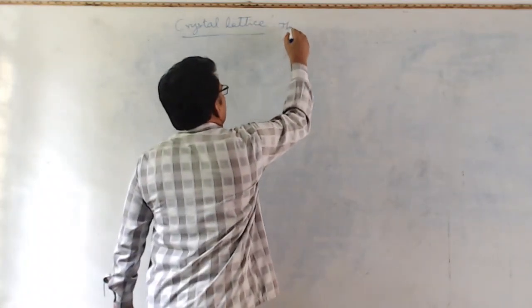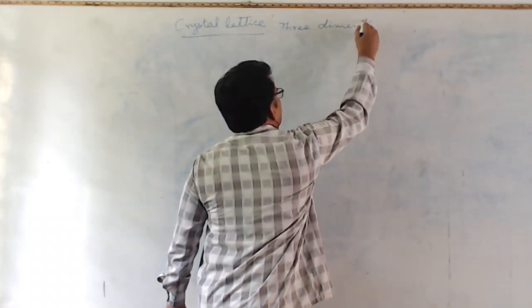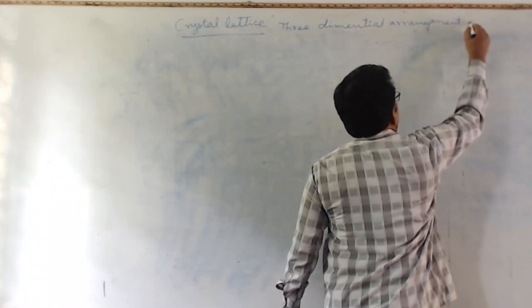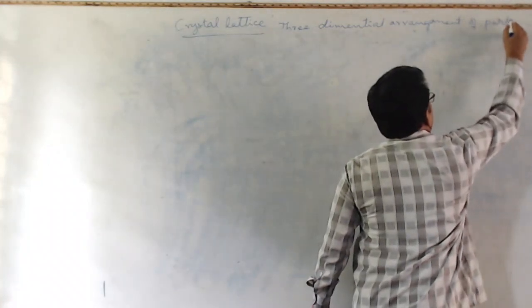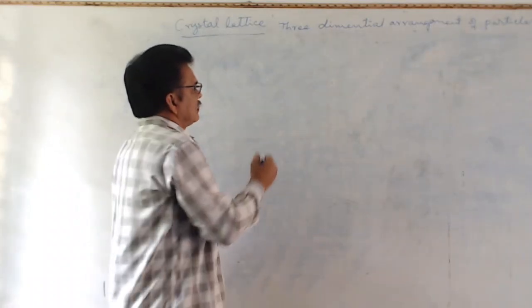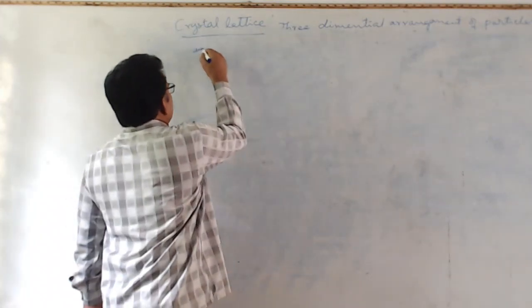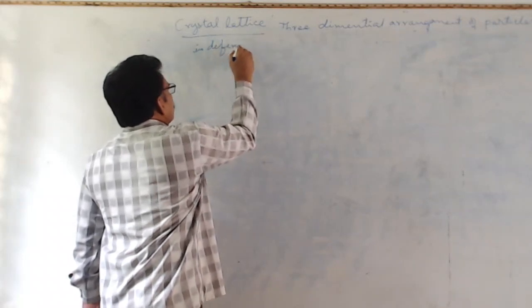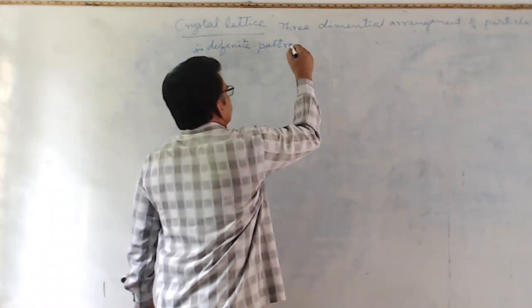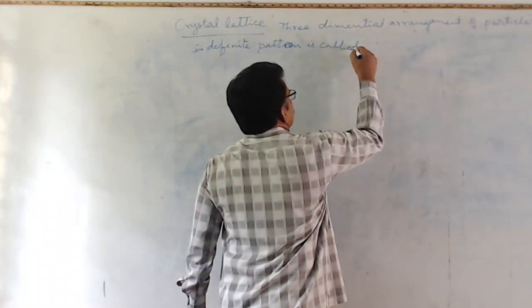The three-dimensional arrangement of particles, they may be atoms or ions or molecules, in a definite pattern is called a crystal lattice.